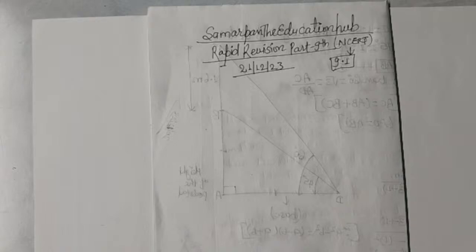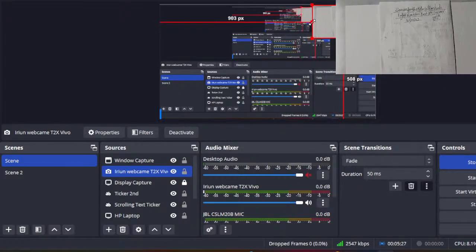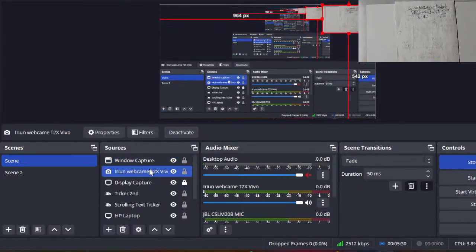The question is question number 10 of NCERT. Your question is on the screen for you.